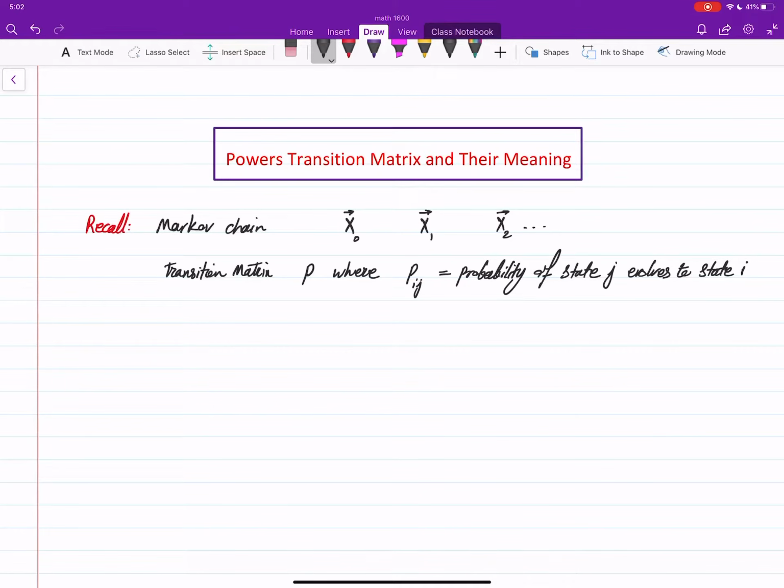So it's just one transition. What is the probability that state J evolves to state I?